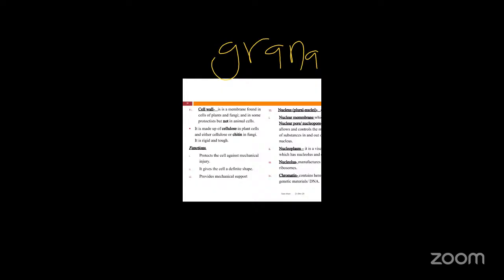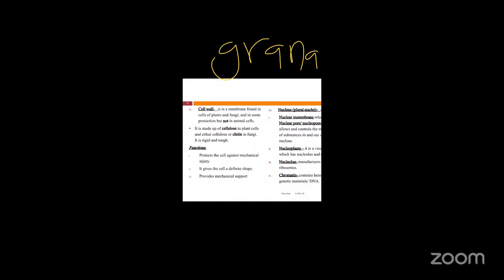And this shape is given by the cell wall. Unlike in animal cells, where if it loses water, it shrinks so much, and if it gains a lot of water and it is full of water, it will burst. But for a cell wall in a plant cell, it makes the cell of a plant to be so rigid such that it does not burst at all.